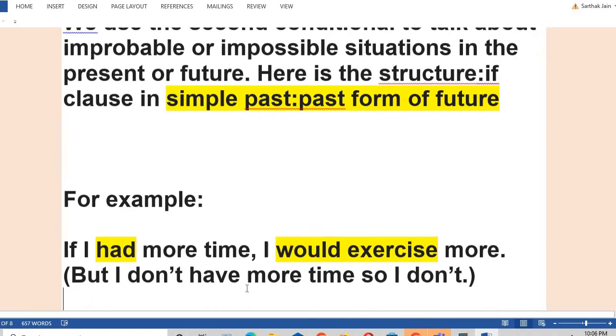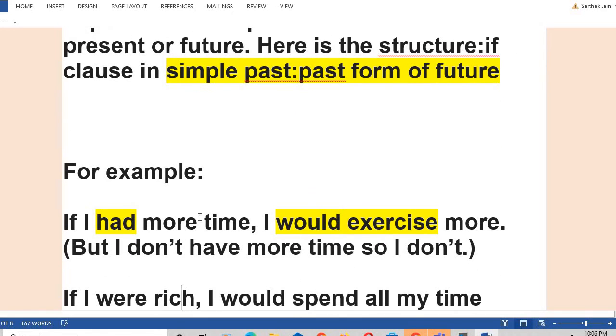For example, if I had more time, I would exercise more. Improbable, because I don't have time, so I won't do. Okay, I can't do. And see the structure. If I had, simple past, would exercise, simple future in past form. Okay, past form of future.